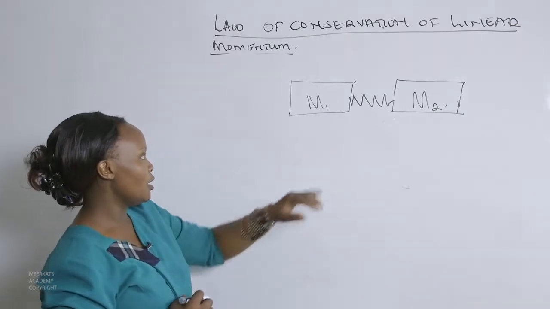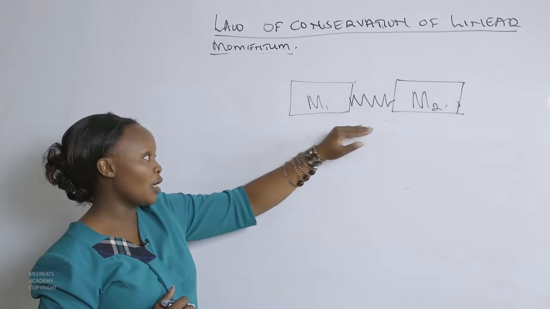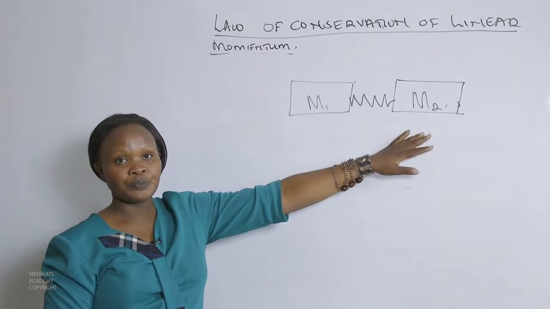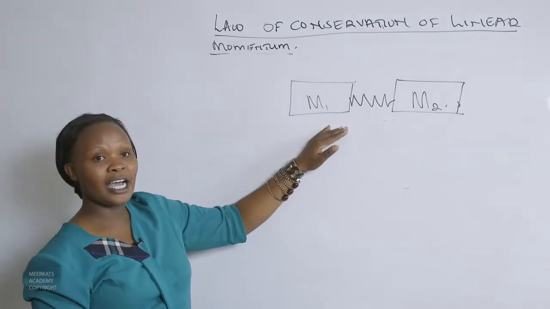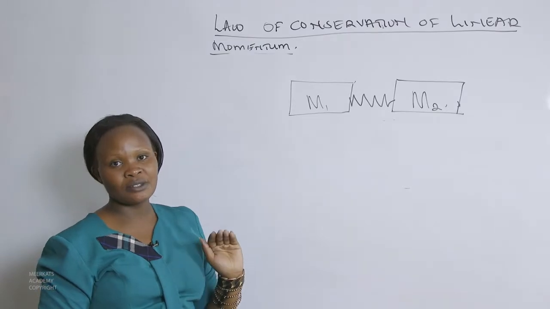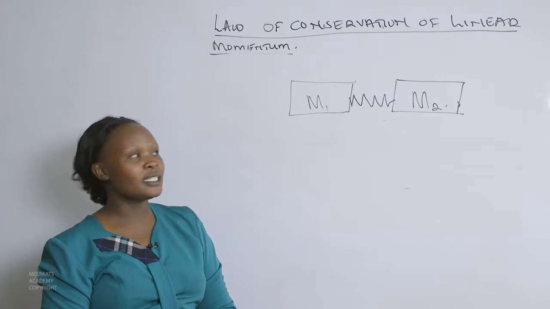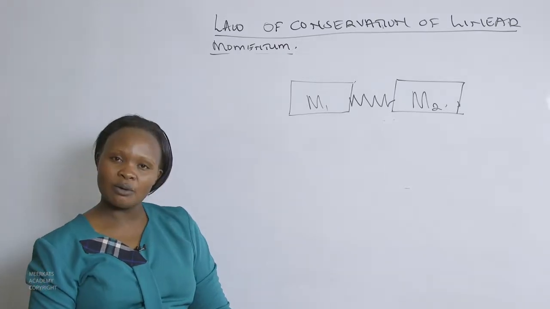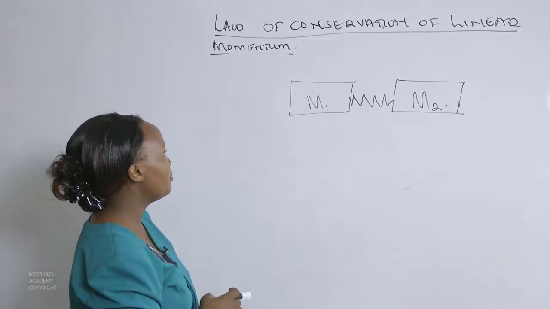Remember, our bodies have masses m1 and m2. Now, we are saying that they have been detached. So, each one of them has now started moving independently and has acquired its own individual momentum.